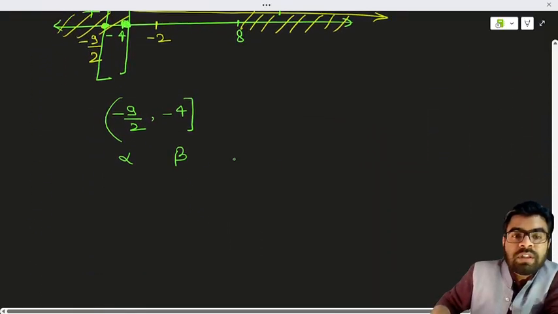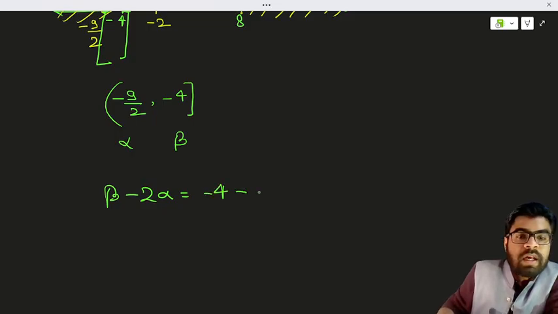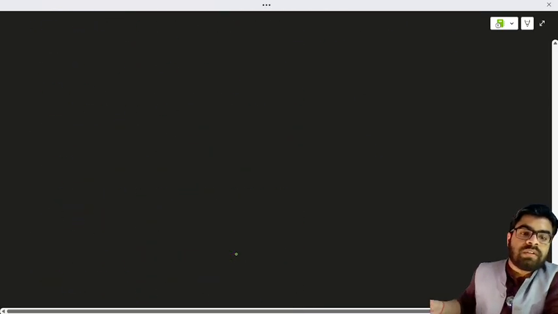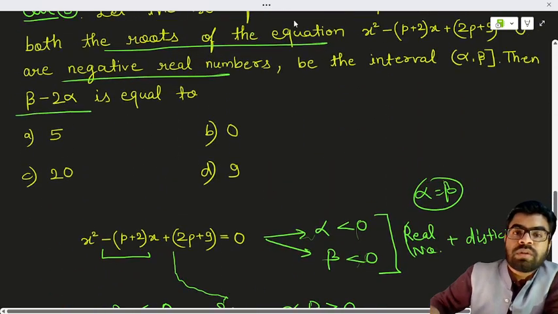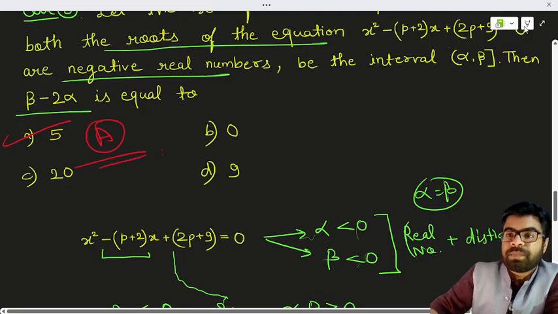So if I calculate this beta minus 2 alpha, so what we get, it is -4 and minus 2 times of -9/2. 2 will be cancelled out. Here it is -4 plus 9, so 5 is our answer. So let's see the options. Yes, option number A is my correct answer in this question. Thank you.